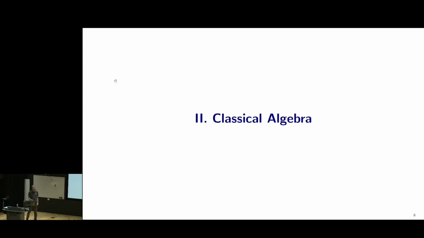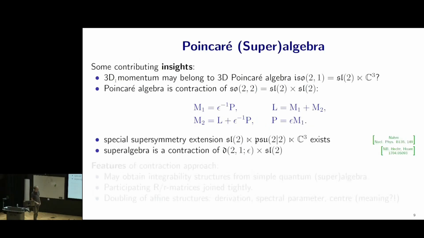So at first, I'll start with the classical algebra here. Just start with this aspect that we have three central charges and try to make sense of that. Namely, this three-dimensional momentum might well belong to a three-dimensional, or 2 plus 1 dimensional, Poincare algebra, which is SL2 cross C3.